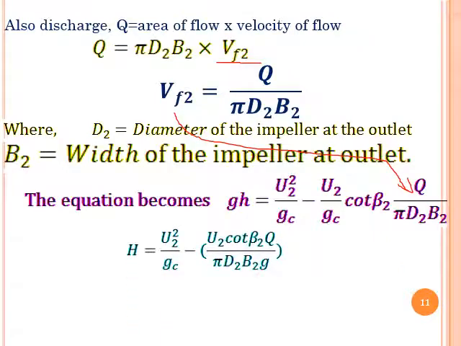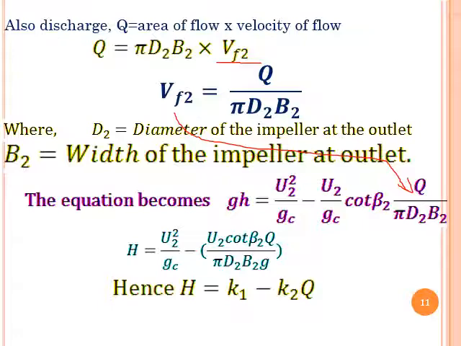So the energy head is equals to U2 square by Gc minus U2 cot beta 2 into Q divided by pi d2 b2 Gc.